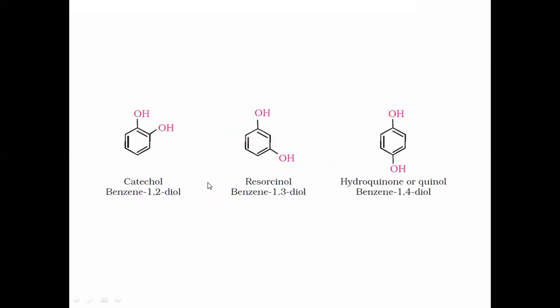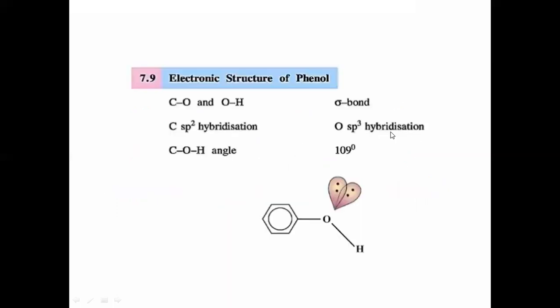Fine. When two hydroxide groups are there, we have catechol, resorcinol, and hydroquinol. In the same way, benzene-1,2-diol, benzene-1,3-diol, and benzene-1,4-diol. The electronic structure of phenol is somewhat like this.